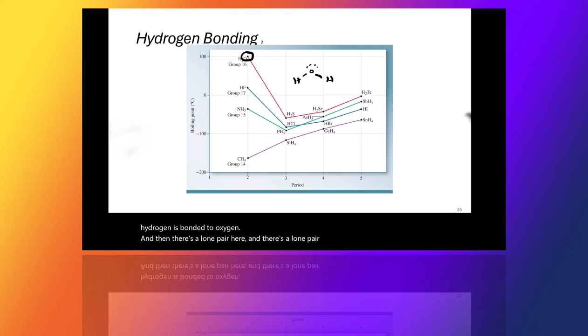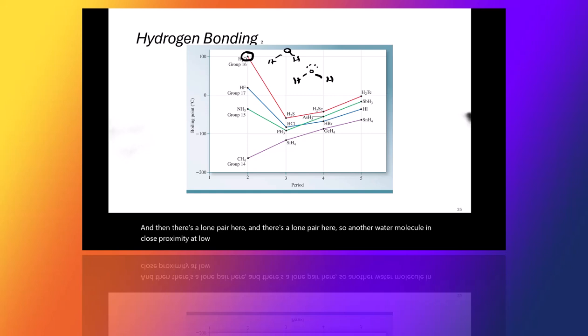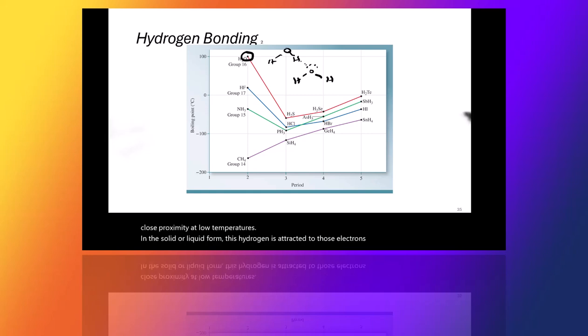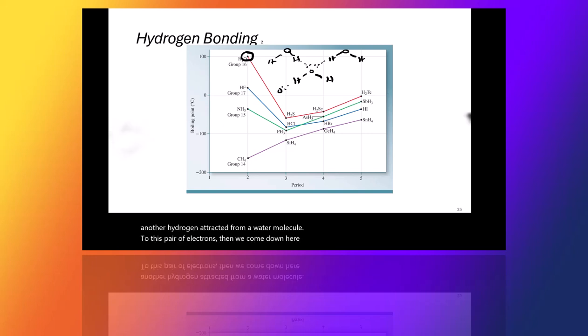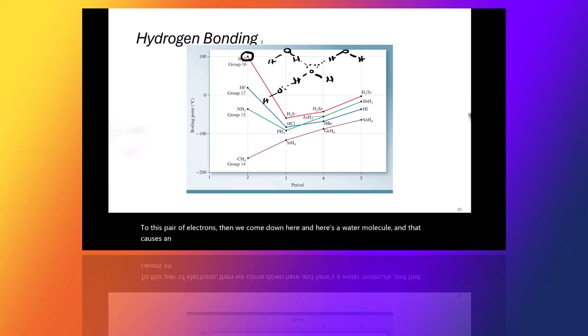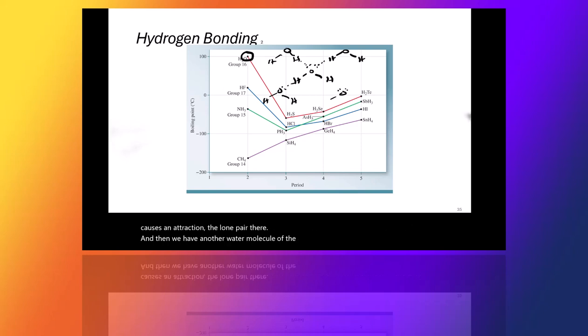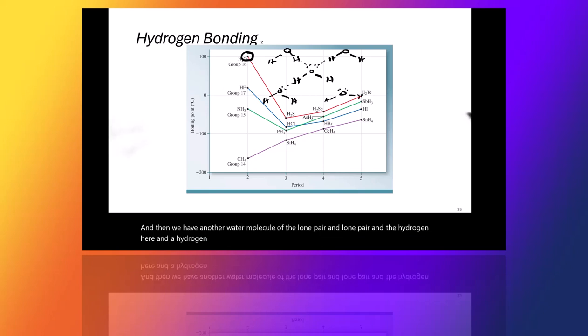So with another water molecule in close proximity at low temperatures, in the solid or liquid form, this hydrogen is attracted to those electrons there. We could have another hydrogen attracted from a water molecule to this pair of electrons. Then we come down here, and here's a water molecule, and that causes an attraction, the lone pair there. And then we have another water molecule with a lone pair, and a hydrogen here and a hydrogen here, and there's an attraction there. So what's cool about water is it forms up to 4 hydrogen bonds.